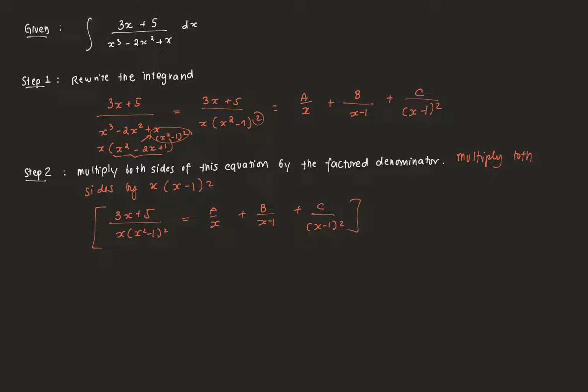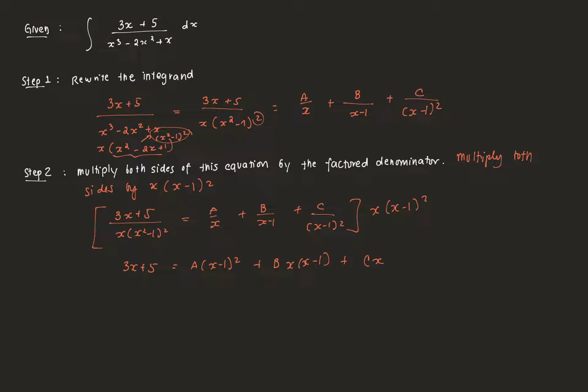Then I multiply both sides of the equation by x times (x minus 1) squared, and I'm going to get 3x + 5 equal to A times (x minus 1) squared plus B times x times (x minus 1) plus C times x. And that's the form that I'm going to have.